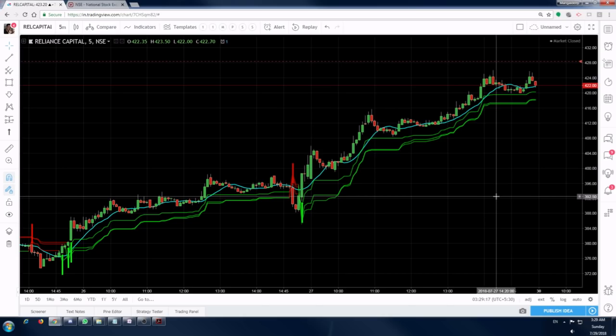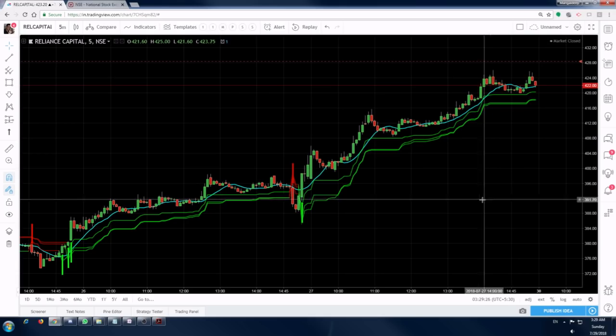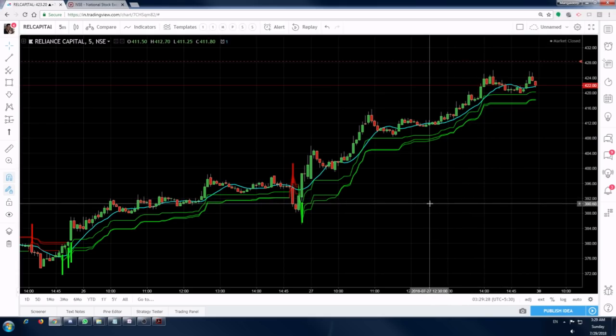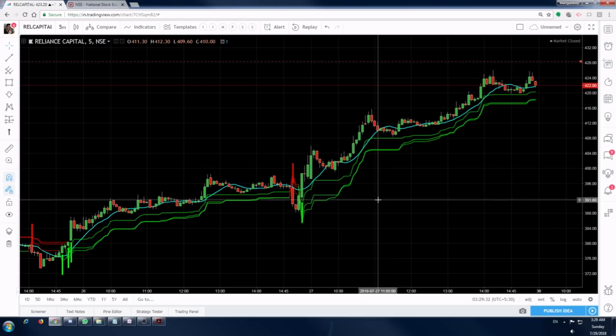The purpose of the super trend is to tell you that the trend is upward. In this chart, the super trend is letting you know that RelCap is trending upwards. At the same time, when you apply the 10 simple moving average, that will help you to take the entries.